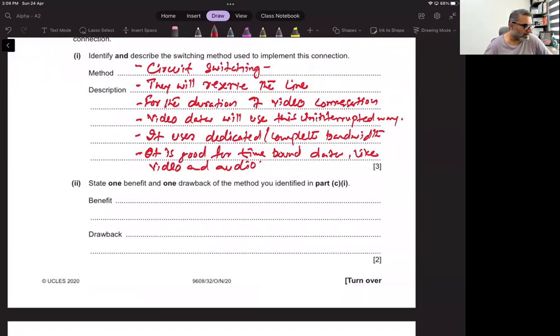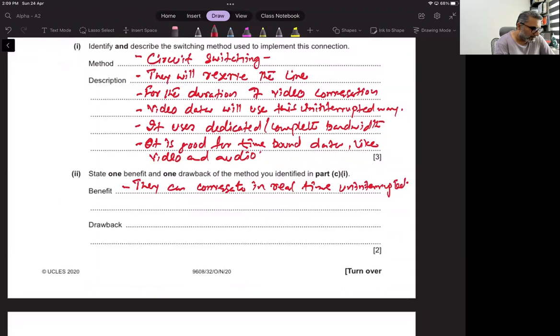Benefit is they can converse in real time, uninterrupted. Full data bandwidth is available.